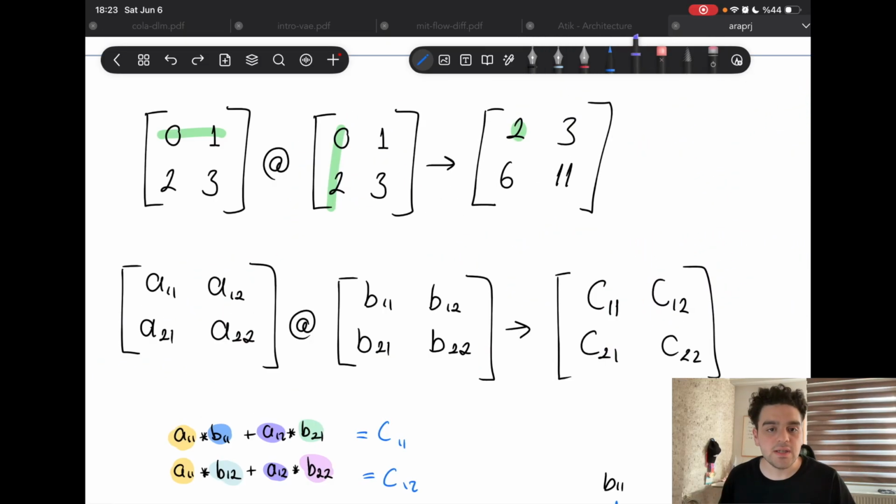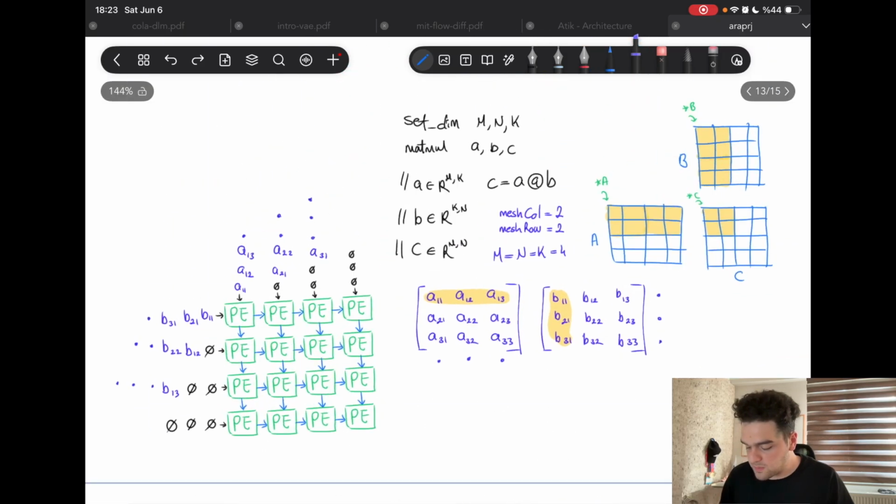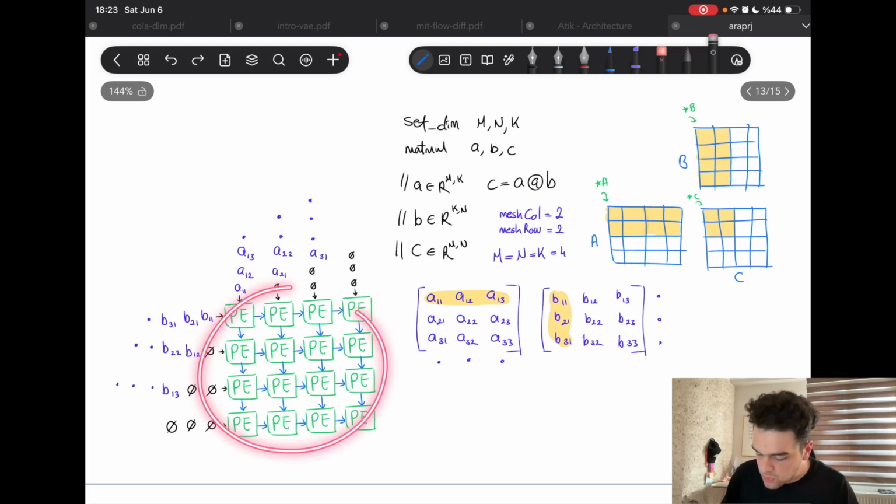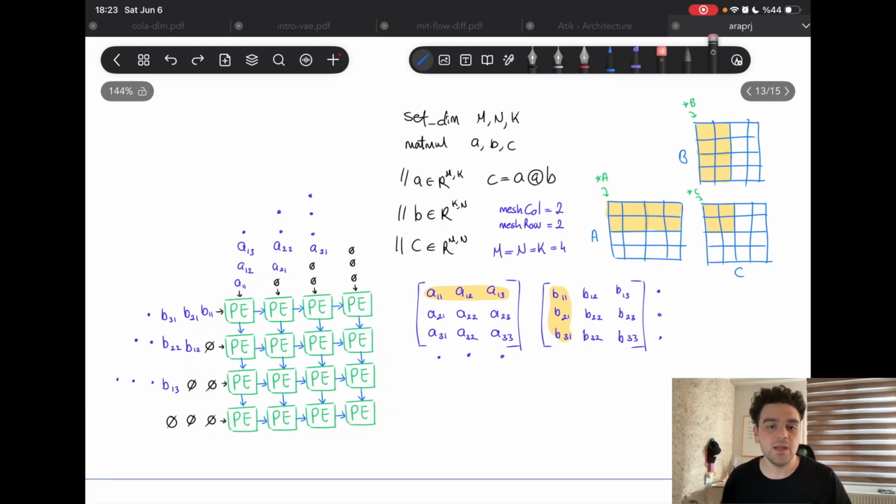So the question now becomes: how are we going to use these small meshes to solve for much bigger matrices? What I mean is, if our matrix multiplication results have the dimensions of 32 by 32 and I'm using this 4 by 4 mesh, how am I going to be able to do that? Now fortunately, because Matmul is a linear operation, we can just do divide and conquer.